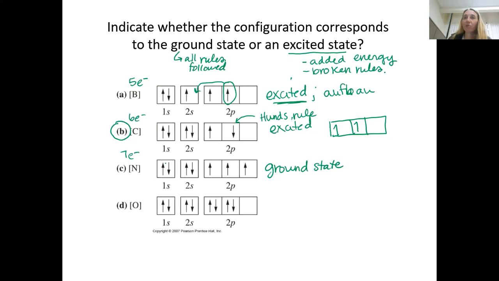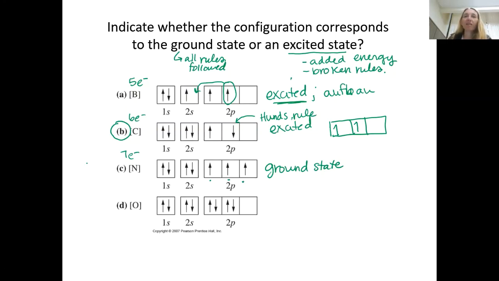My 1s orbital is full, then my 2s orbital is full, and then here's my p: 1, 2, 3, they're all the same direction. If I were to add another electron, then I can start pairing, but I have to have all those boxes have the same spin first. So that's why this breaks the rules, because we have one up and one down, and this one follows the rules because it has all of the same direction first before we add the next one.